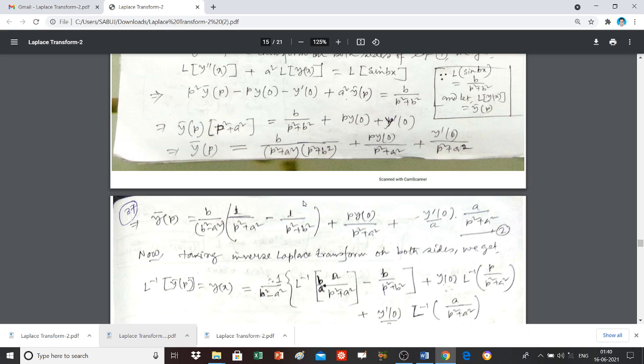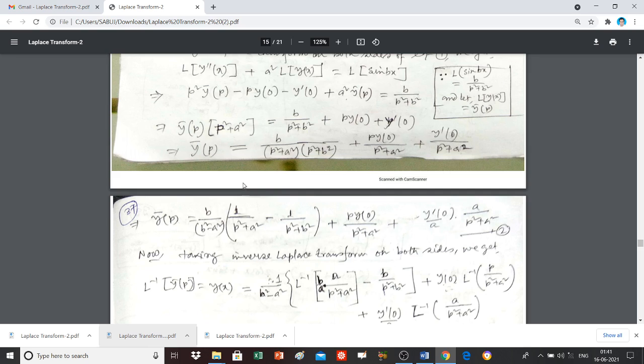Now from here, therefore y(p) is equal to, you can write the first term as b by (b square minus a square), then 1 by (p square plus a square) minus 1 by (p square plus b square). You just need to simplify this, and you will finally obtain this term from the earlier term. You can calculate it, and it is your homework. So just check it.